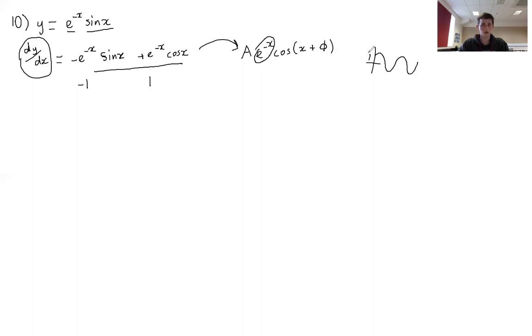Okay, so that would be a, and a is just equal to the square root of these two coefficients of sine and cosine squared. So that's going to be the square root of -1 squared plus 1 squared, so that's going to be root 2.